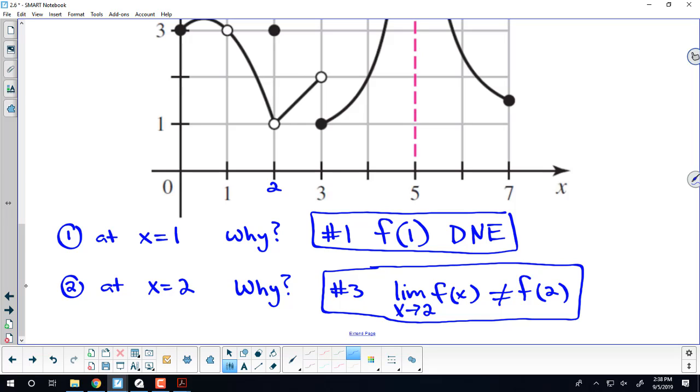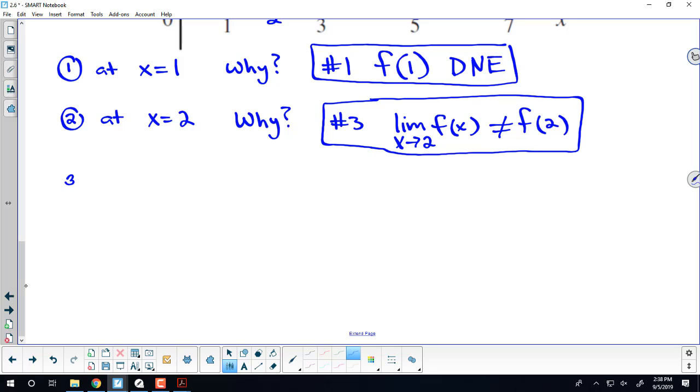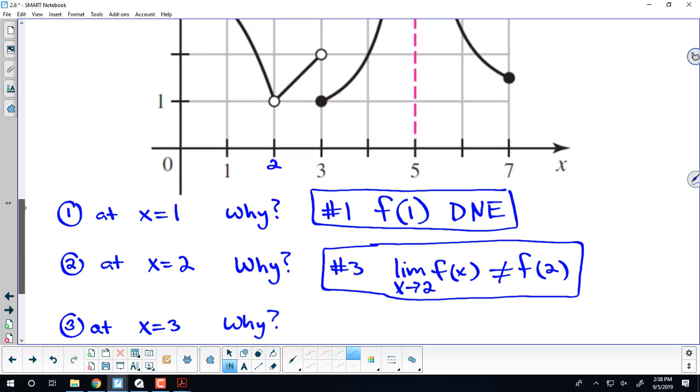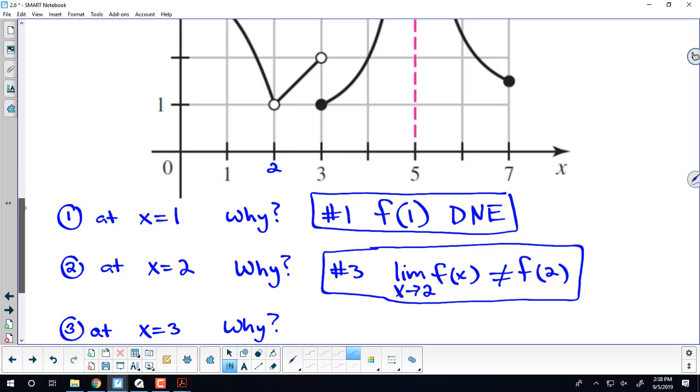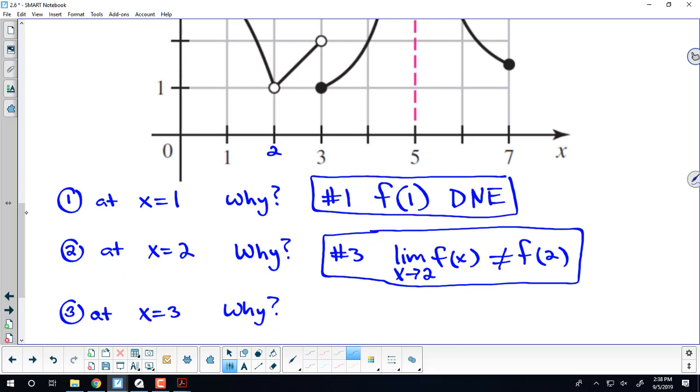Where else? X equals 3. Why is the function not continuous at x equals 3? The limit doesn't exist. Okay. So is f of 3 defined? Yes. Okay. So don't just say there's a jump or a break in the graph.